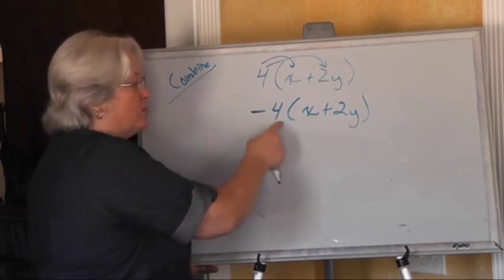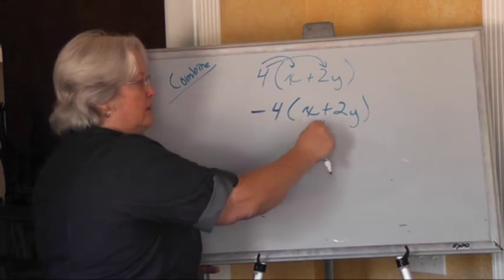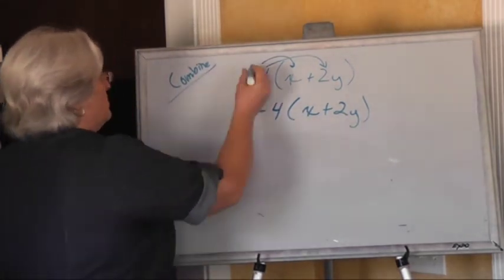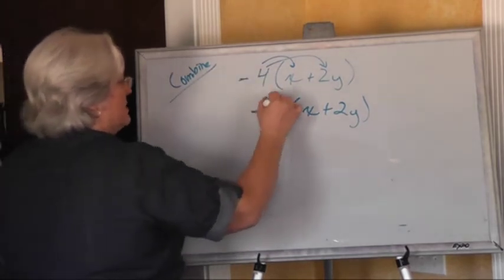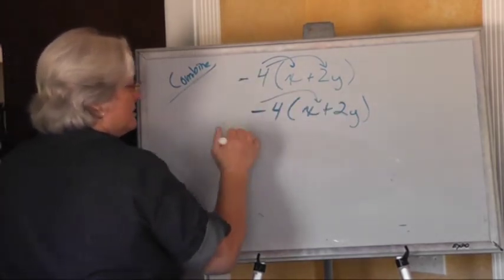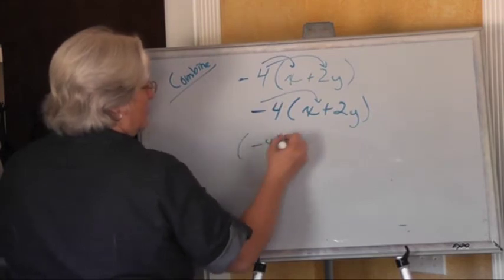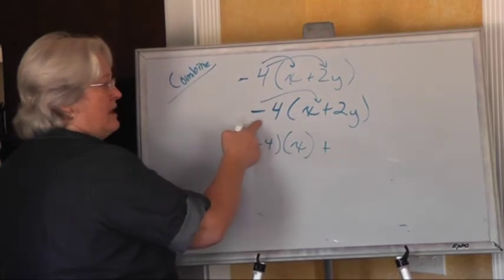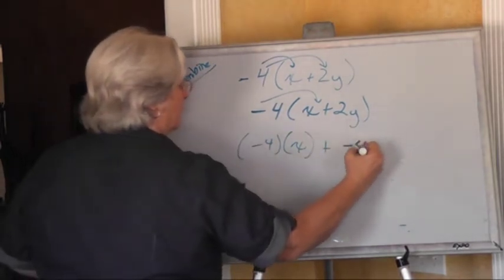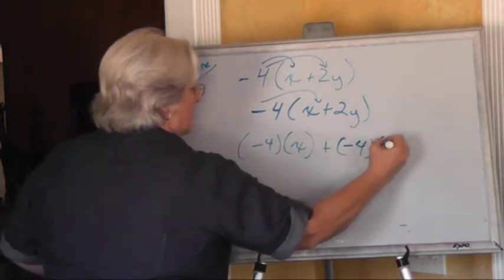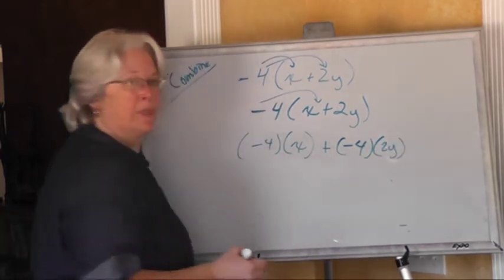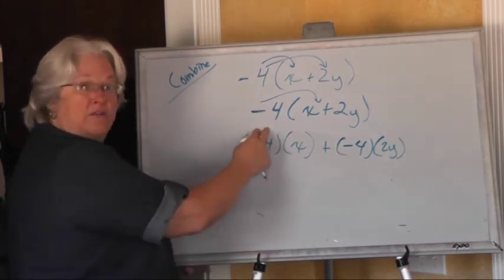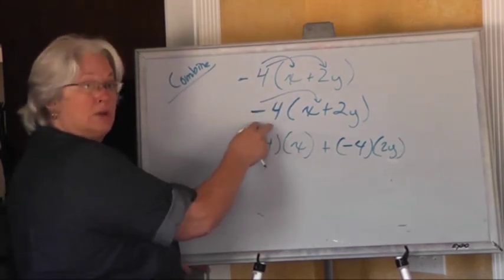So this is negative 4 times the quantity x plus 2y. We're distributing, so what we have is a negative 4 times x plus what? A negative 4 times 2y.